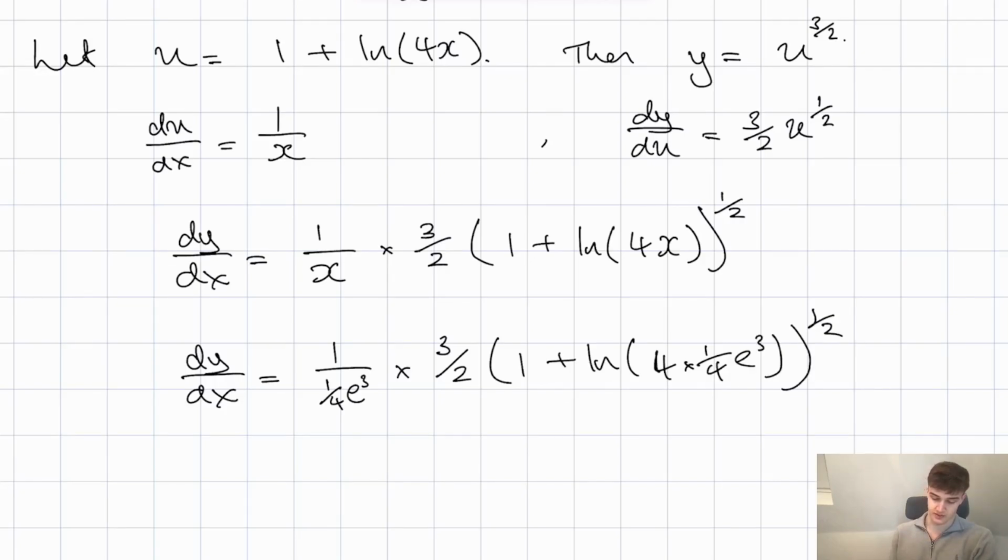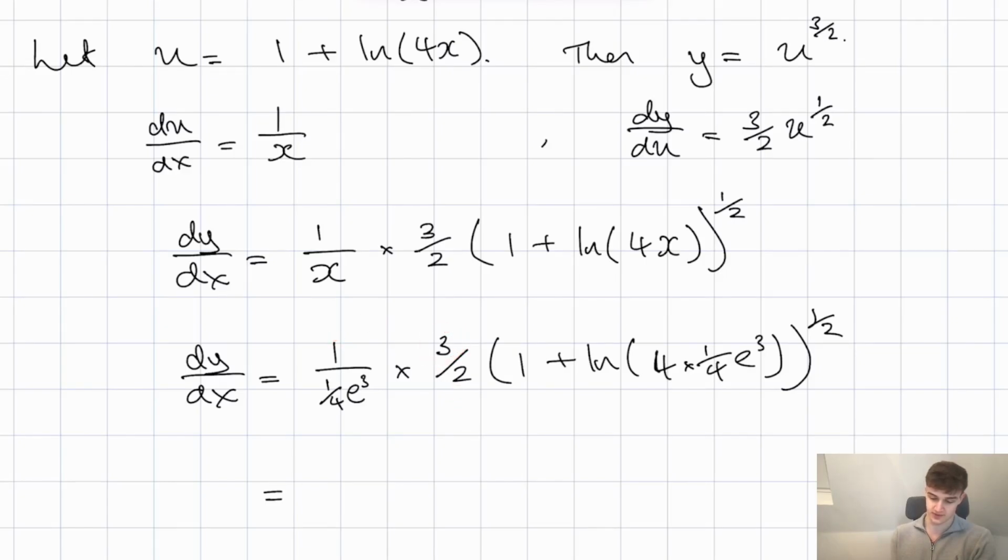Okay, so if I simplify this, this is going to turn into 4 over e cubed, and then I'm going to times it by 3/2. So the 4 and the 2 are going to cancel. I'm going to be left with 2 on the top and a 3.